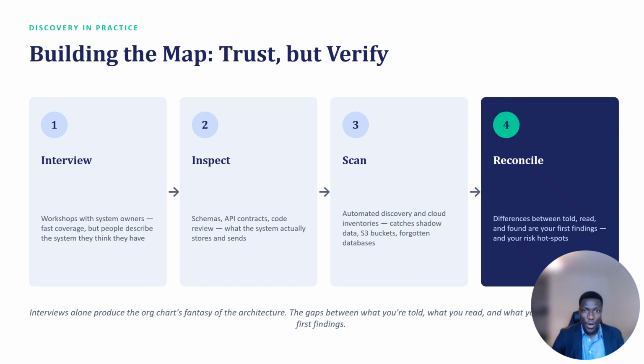These are very helpful in catching what nobody mentions. For example, shadow spreadsheets, shadow files, a forgotten S3 bucket that has personal data in it, a database from the 2005 migration, and so on.